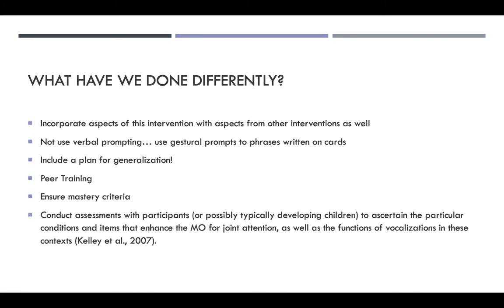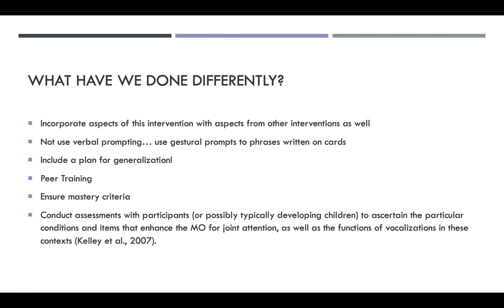So we have talked about after the adults have established what this intervention is going to look like across the session, incorporating him into initiating bids for joint attention and having her respond to it to get that peer interaction going, and having him lead this intervention to help not only with her joint attention but with her peer skills, and not only wanting to engage with adults. And then I will also ensure mastery criteria based over a certain amount or percentage of times they engage in the joint attention, or over a certain amount of sessions.